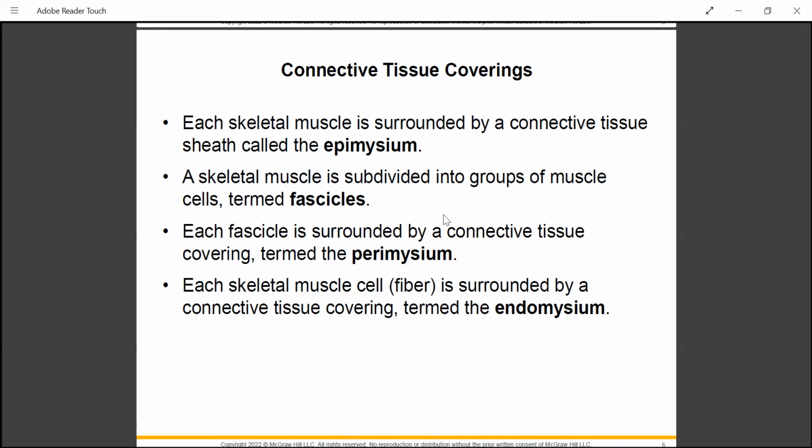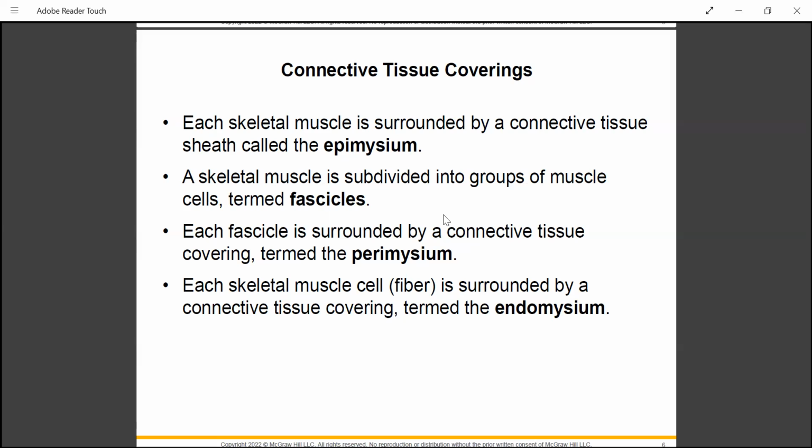So each skeletal muscle, the entire muscle, the whole muscle, is surrounded by a connective tissue sheath known as the epimysium. So the epimysium is tissue that surrounds the entire muscle. Within a specific skeletal muscle, we're going to have subdivisions into groups of muscle cells.